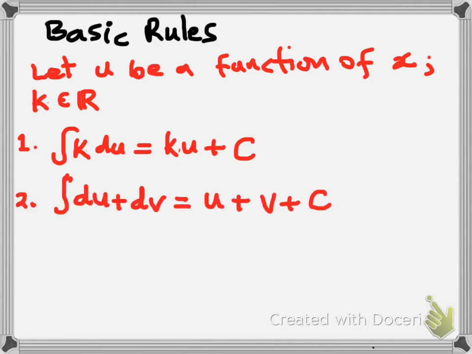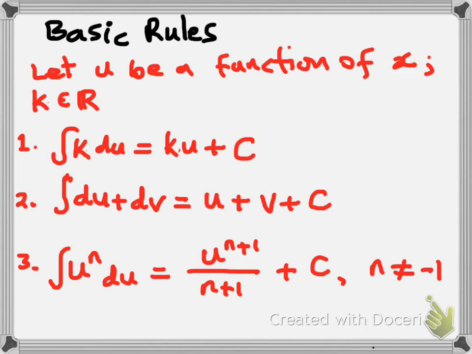And if you are taking the antiderivative of a sum, all you have to do is take the antiderivative of each piece in the sum plus the constant of integration c. And finally, you have the reverse of the power rule that we had used before. If you have u to the power of n, the antiderivative is to just add 1 to that exponent and divide by the new exponent, n plus 1, then plus c, which is a constant of integration.